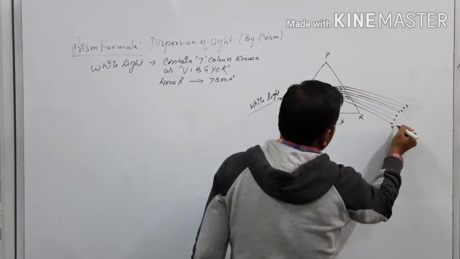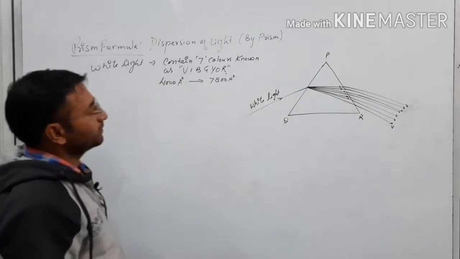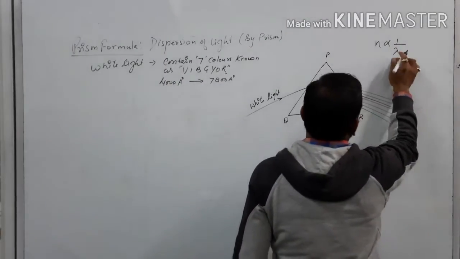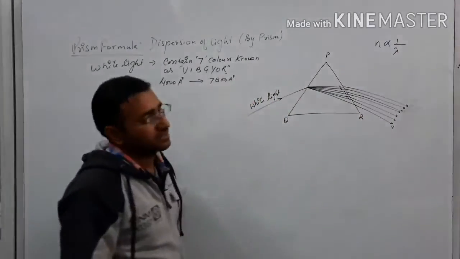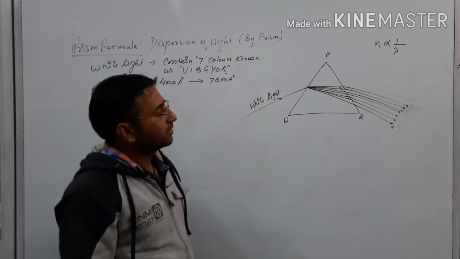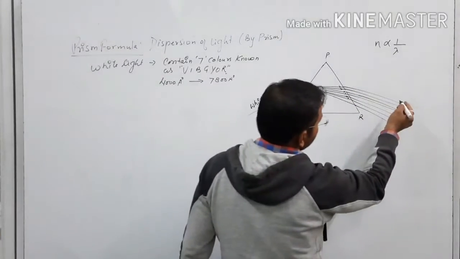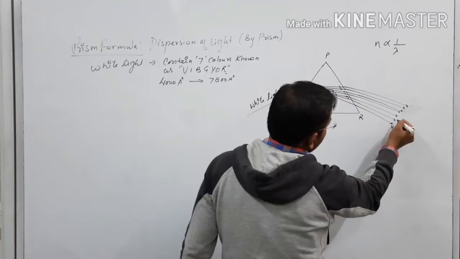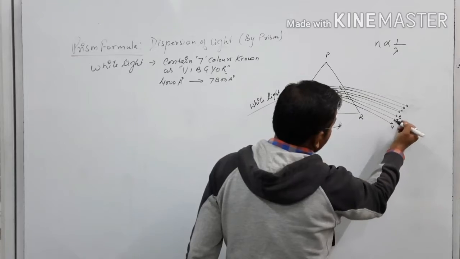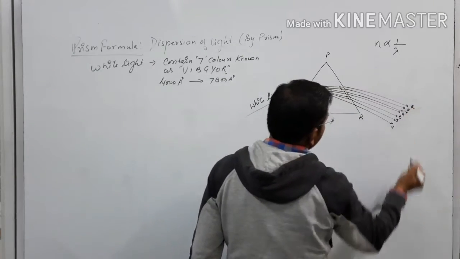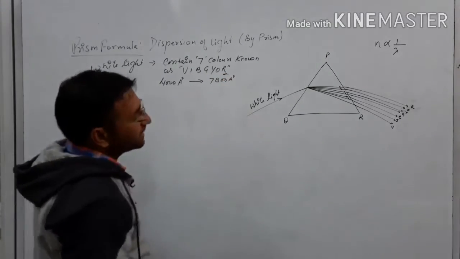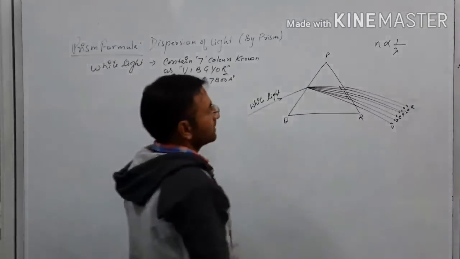Violet has less wavelength, so it bends more, because n is inversely proportional to lambda. Light of a color with smaller wavelength bends more when it goes through the prism or any refracting surface, and the remaining colors follow the order of their wavelength. Red has the greatest wavelength of the seven, so it bends less compared to the other six colors.